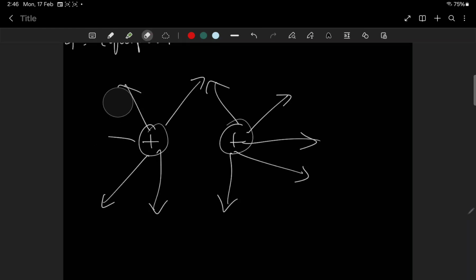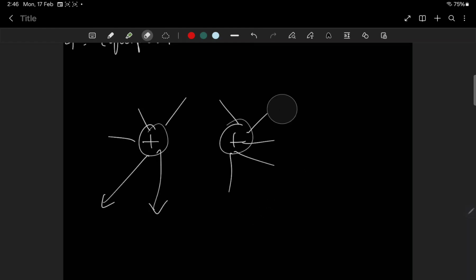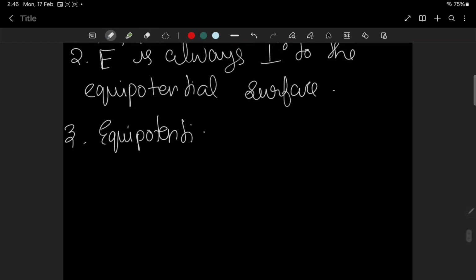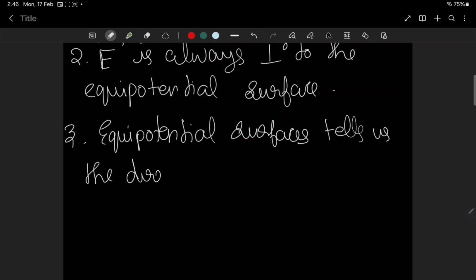One second. No need for that example. This example is not needed because it will be confusing. It may lead to confusions. You just tell that equipotential surfaces tell us the direction of electric field.